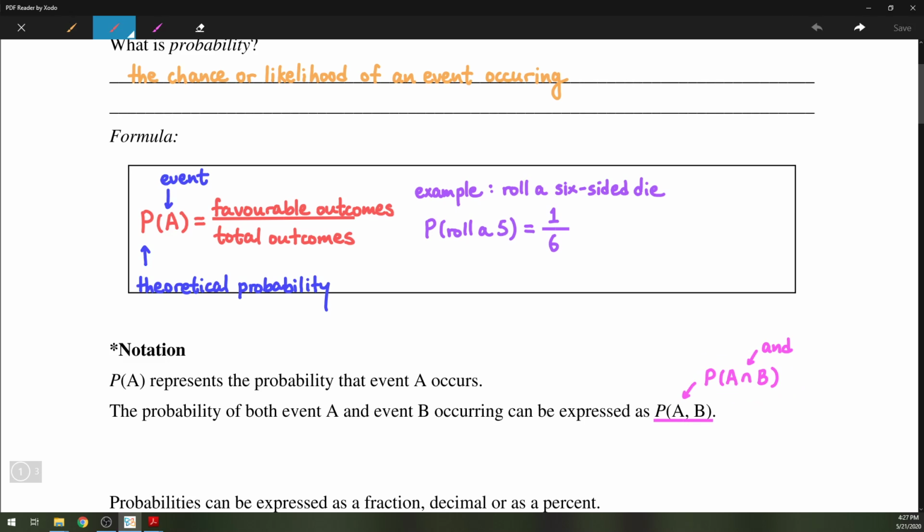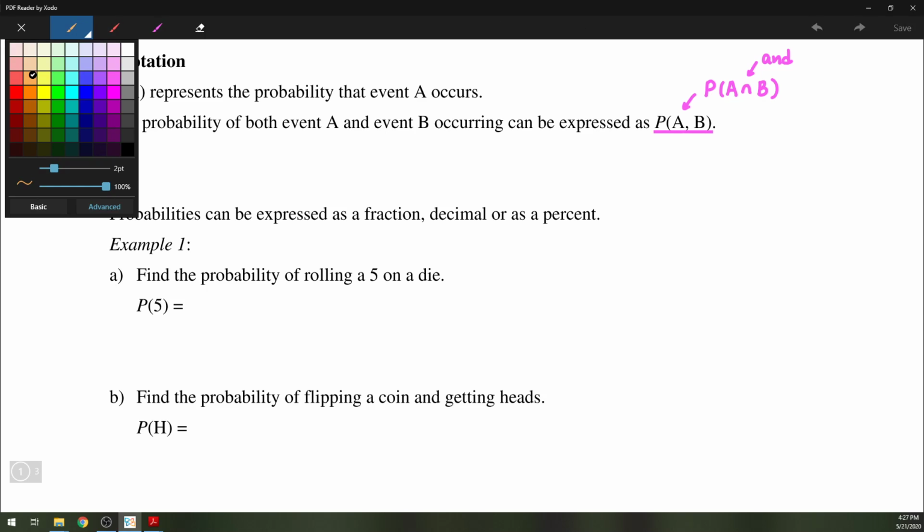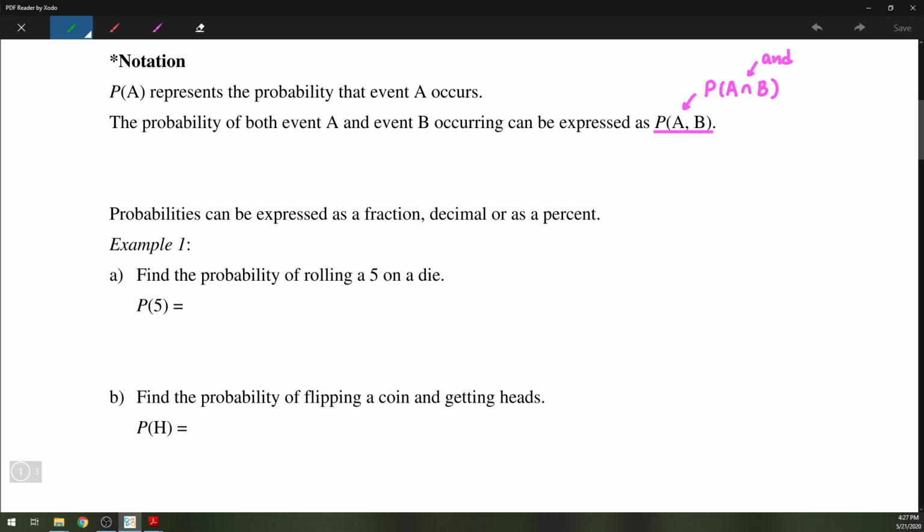All right, so probability, as you saw in the example, that was a fraction. We can also express it as decimals and as percents. Okay, so we already did this one, probability of rolling a 5 on a six-sided die. If it doesn't specify what kind of dice we're using, then it's just going to be a six-sided die. So this will be 1 out of 6.